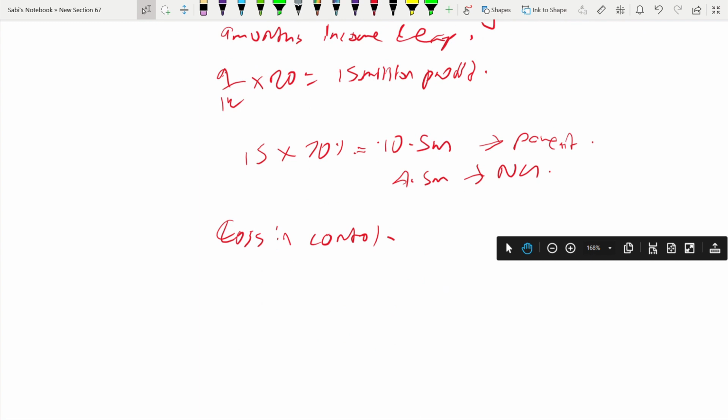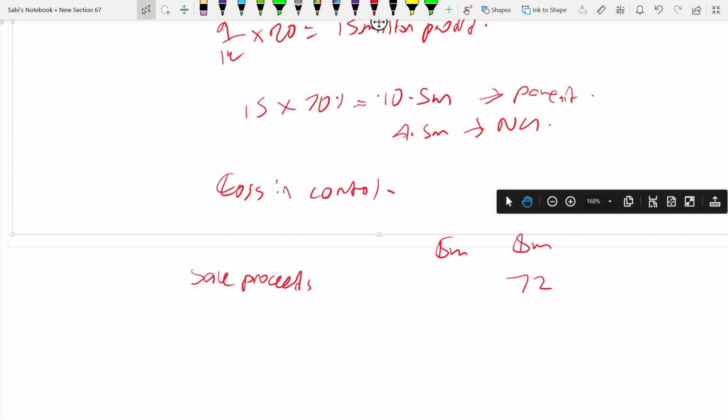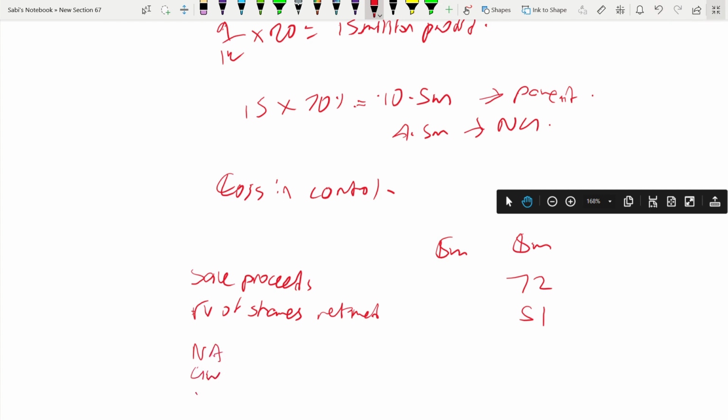Okay, sale proceeds. You have sold it for how much? 72 million. Then we have something, right? Retained is the fair value of shares retained. They have given us 51. Now you have to deduct what? Net asset, goodwill, and NCI.